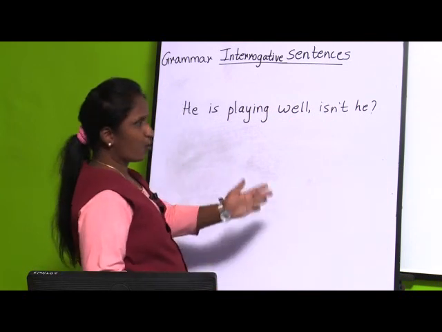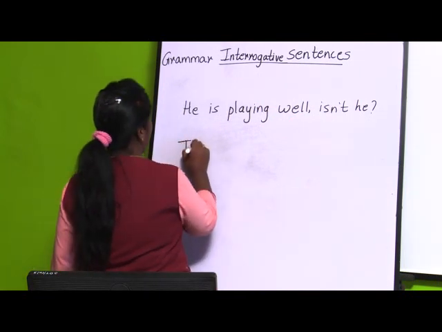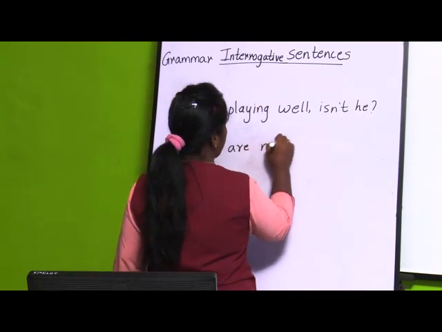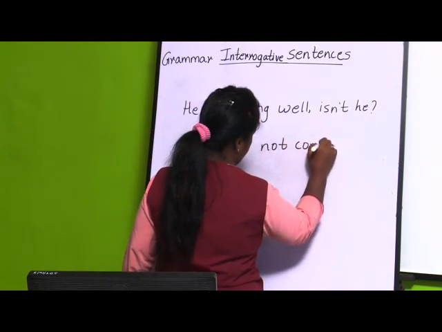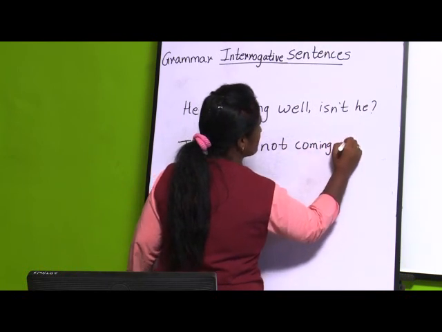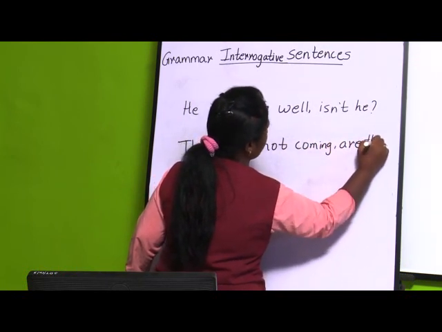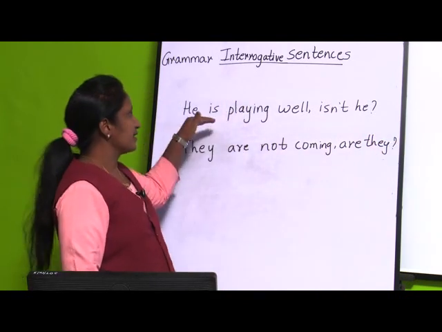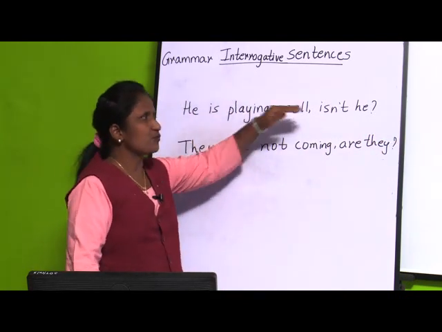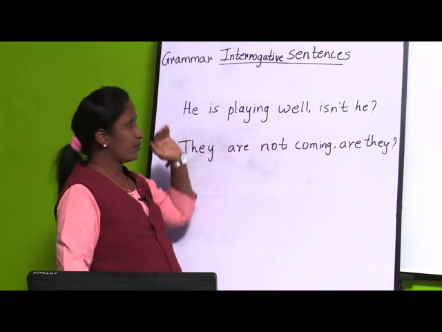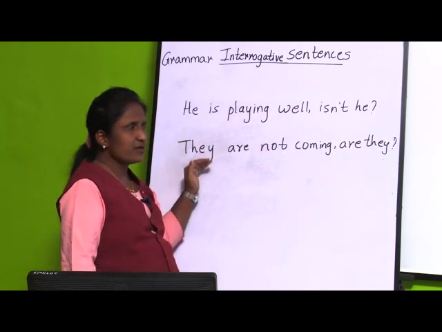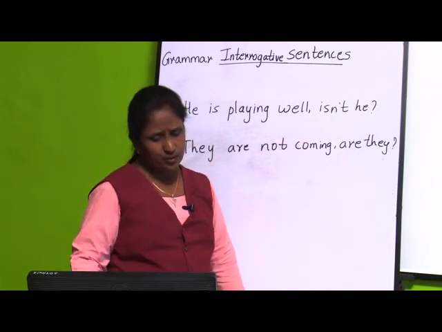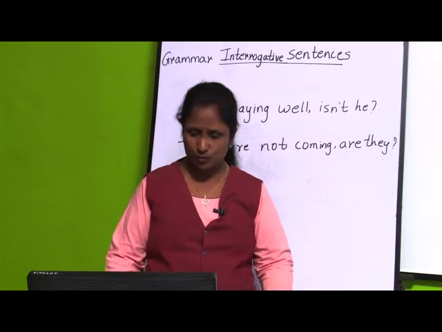See, they are not coming, are they? So the question tag is not always in negative form only, it may be in positive form. If the sentence is in positive form, the question tag will be in negative form. If the statement is negative, the question tag will be positive. This thing you have to remember while writing the question tag.